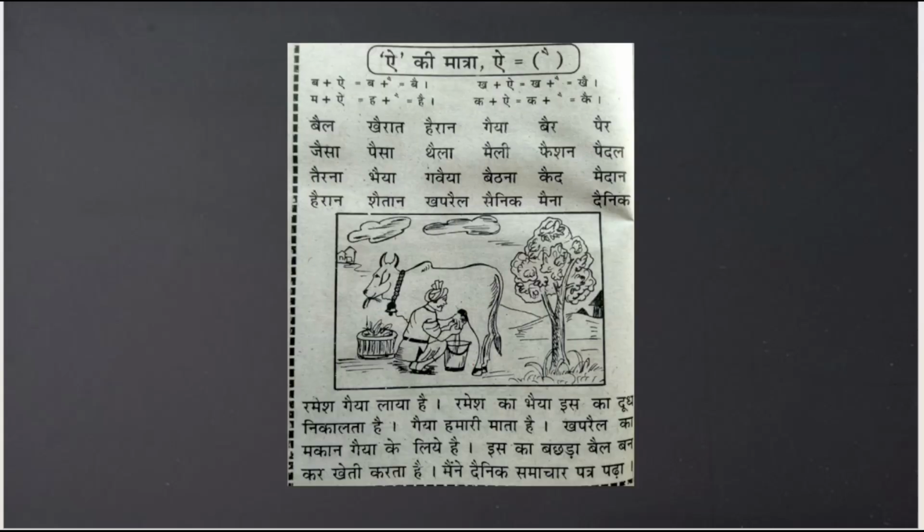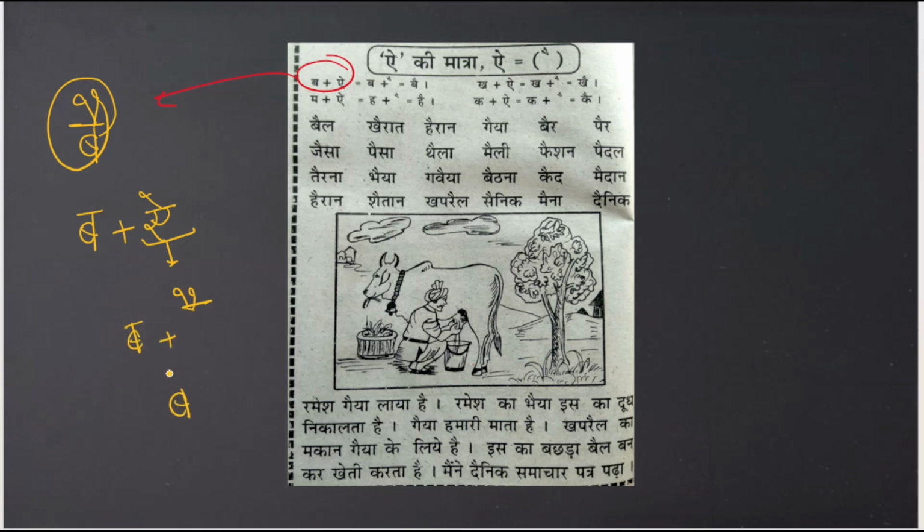So let's get back to our today's topic. Let's see this one. This is letter ba, and after applying Matra of Aa, now it will be pronounced like baa, okay? This is letter ba, and apply matra of I. The matra of this letter is I. After applying this matra to this letter, it became this one.